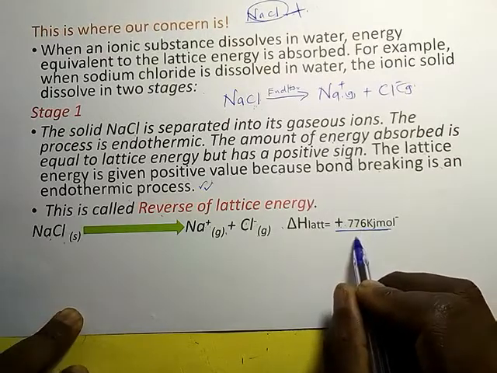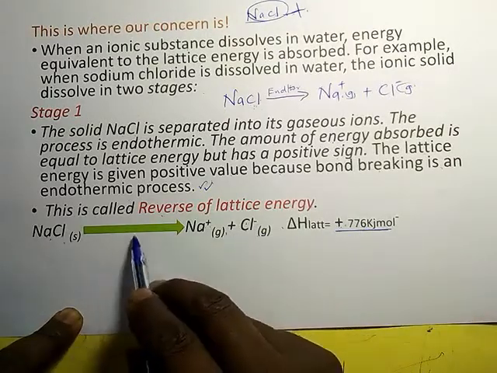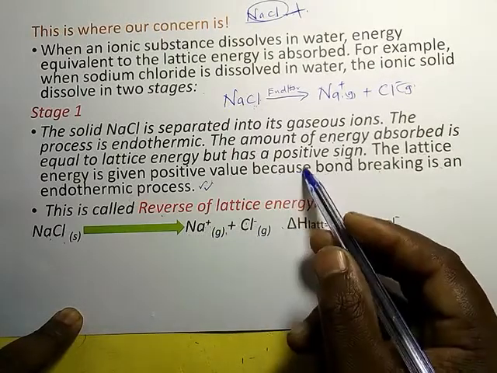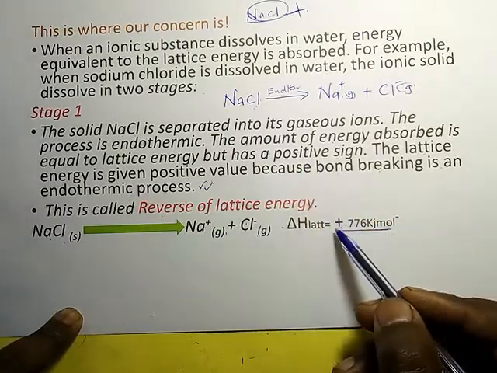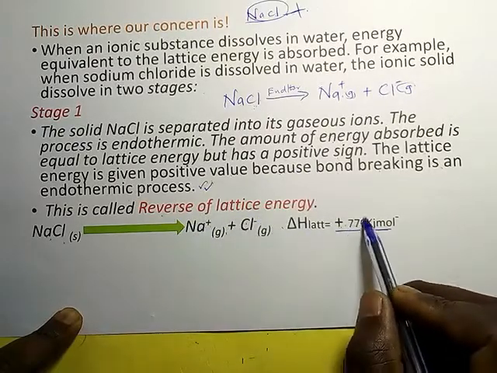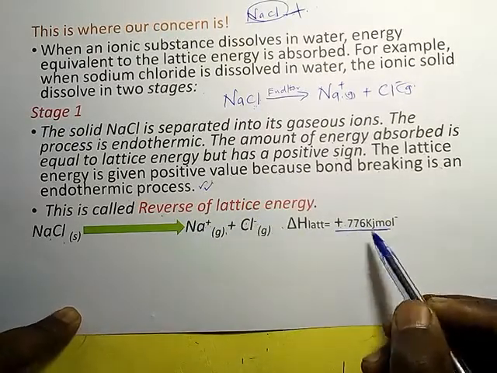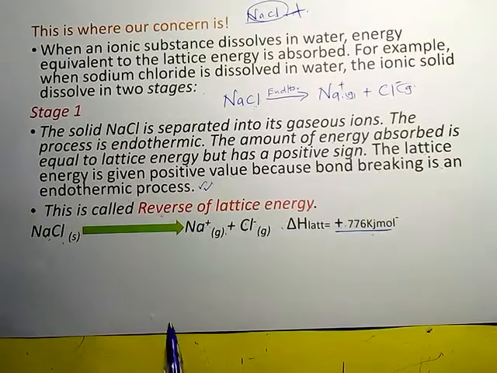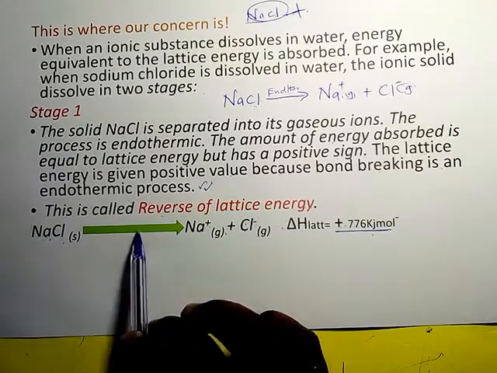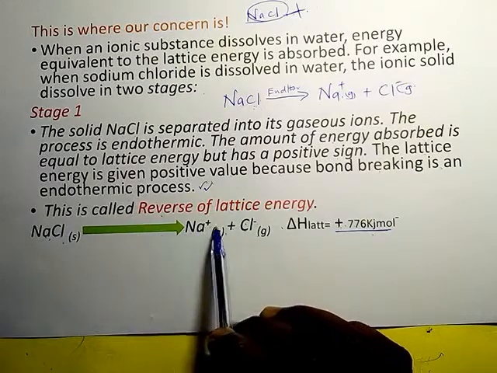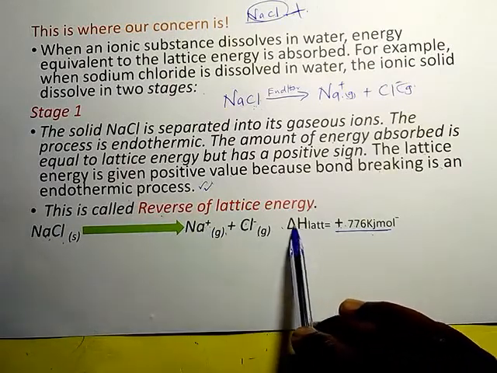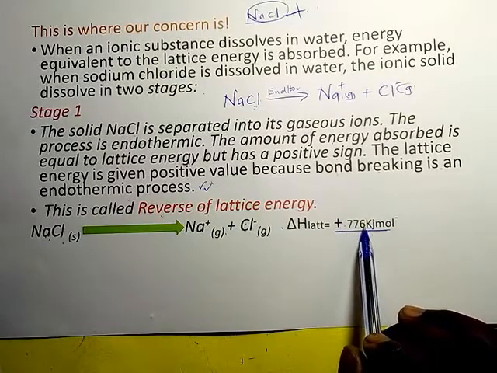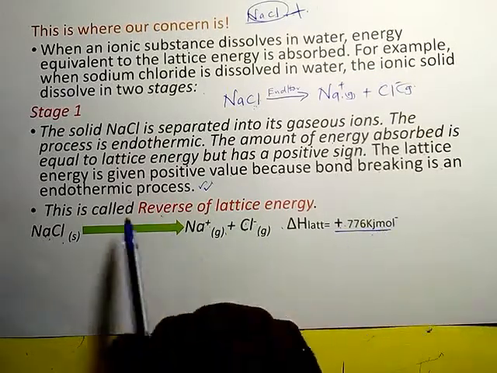But you realize that this reaction is the opposite of the lattice, because lattice is negative and reverse lattice is positive. The energy is the same. Very important. So the bonds are broken, and the heat that is absorbed is 776 kilojoules per mole. So that is stage 1.